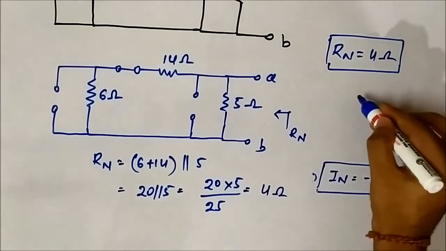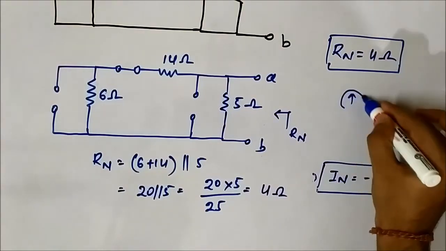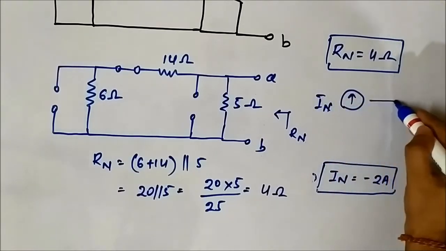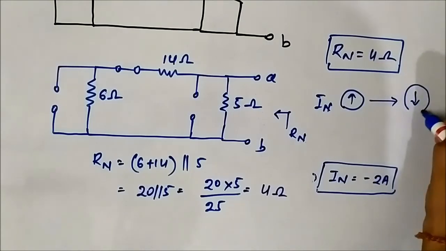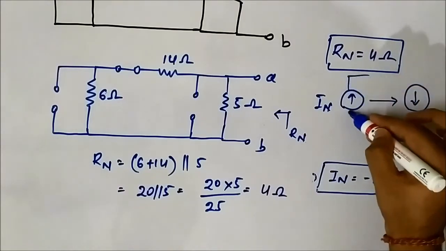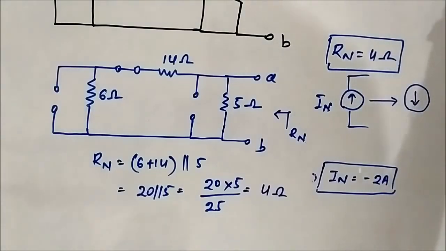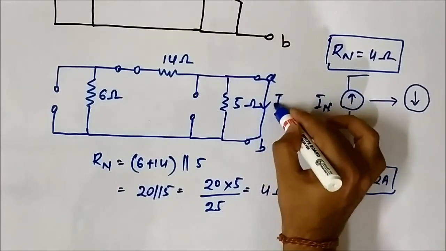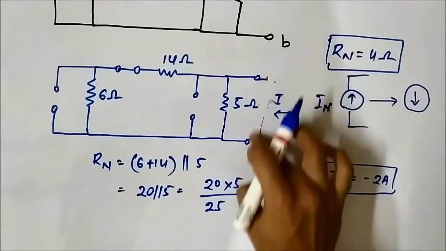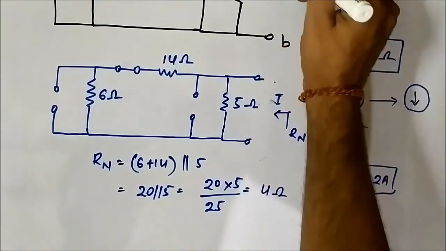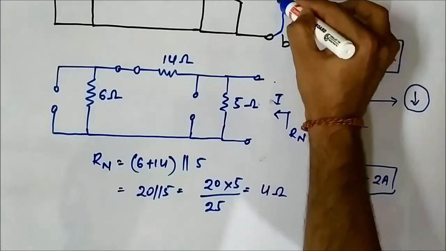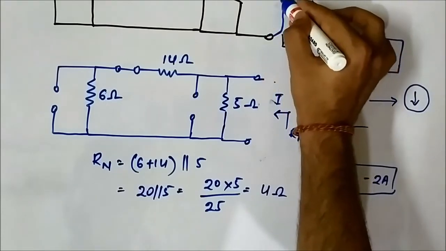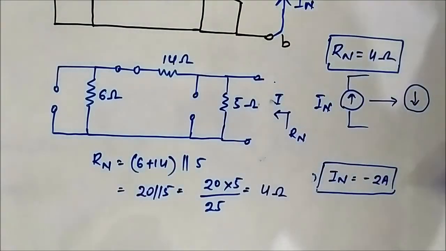It simply means the direction which we have initially assumed with respect to the Norton current in the circuit is simply the opposite of that. I have always told you, when we get minus sign with respect to anything, it simply means the direction which we assumed here is opposite.